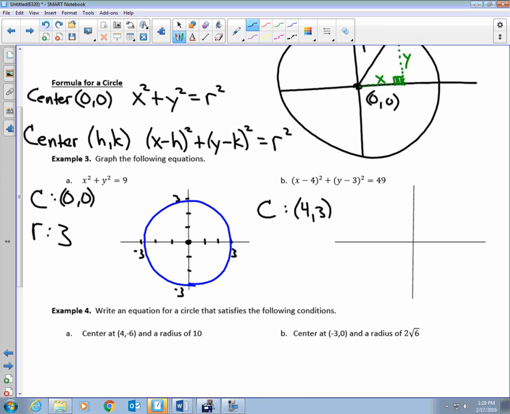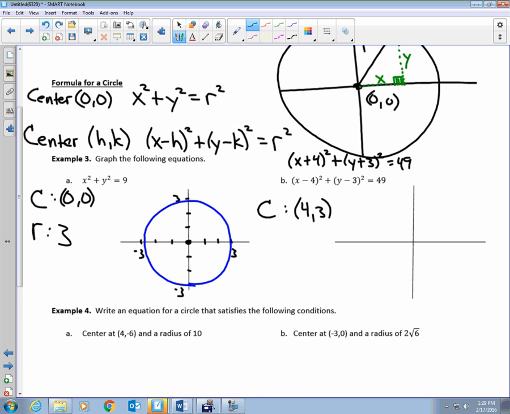What mistake do you think people would make as they identify the center? -4, -3, right? If the center was -4, -3, then the equation would look like this: x plus 4 quantity squared plus y plus 3 quantity squared is equal to 49. That would have a center of -4, -3.